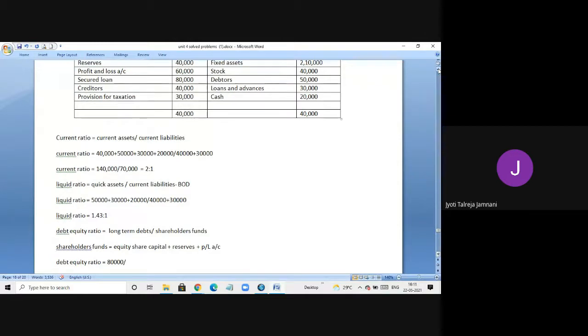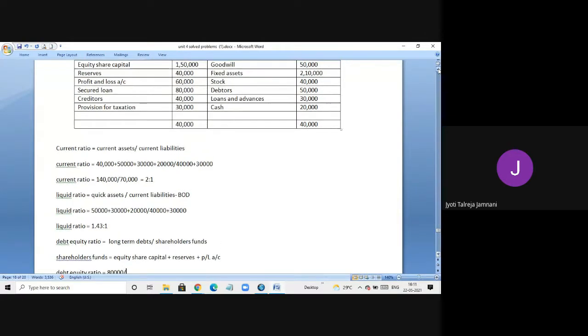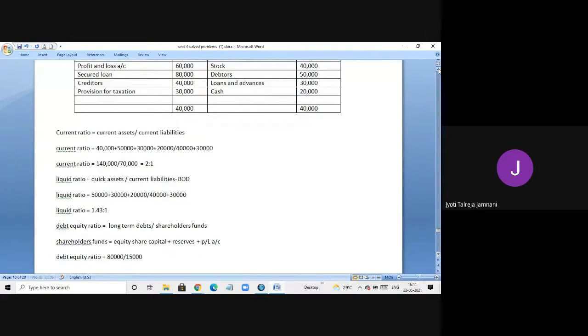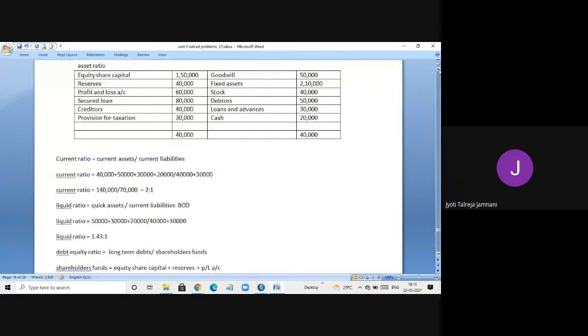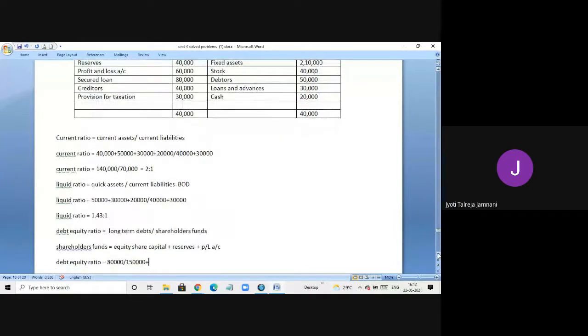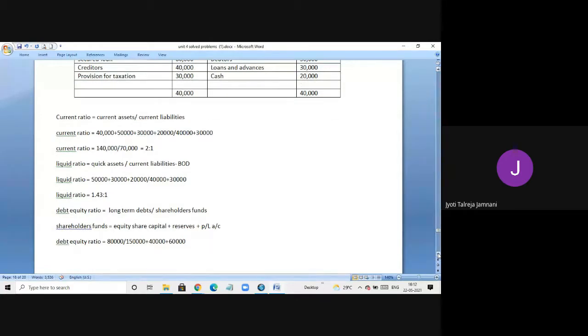Equity capital is 1,50,000 plus reserves, that is 40,000, plus the profit and loss account, that is profit that is earned by the shareholder, 60,000. So that totally is the value of equity. So when we do 80,000 divided by shareholders funds, we get 0.32.